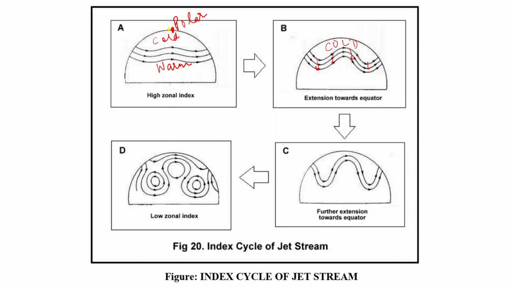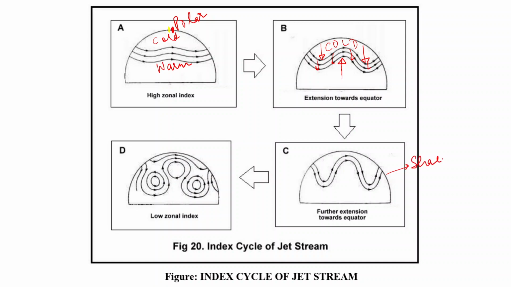The warm air mass starts moving toward the higher latitude, while the cold air mass starts moving towards the lower latitude. So here this is the extension towards the equator.